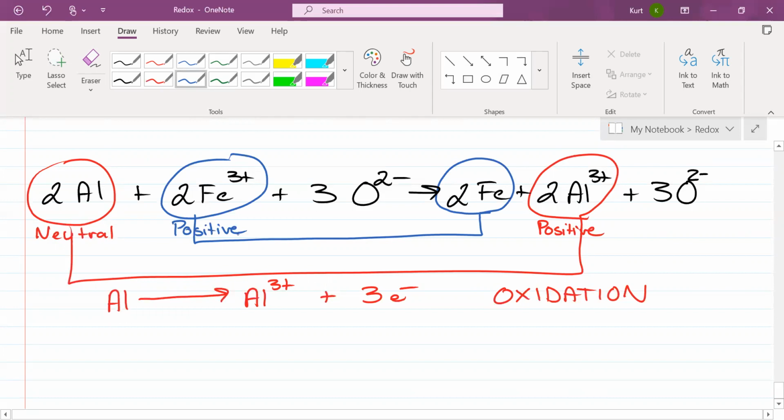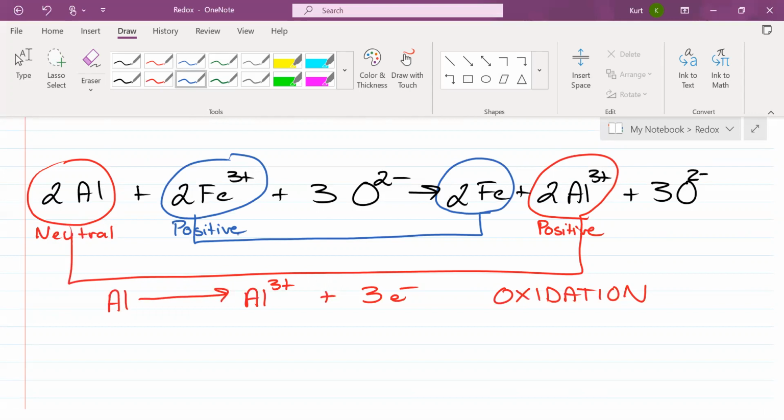Jade, what does this mean? How does it have a positive 3 charge? How's that happening? It has 3 more protons than it does electrons. And Jade, on the product side, what is the status of iron over there? How did that happen? How did it go from a positive 3 charge to neutral?